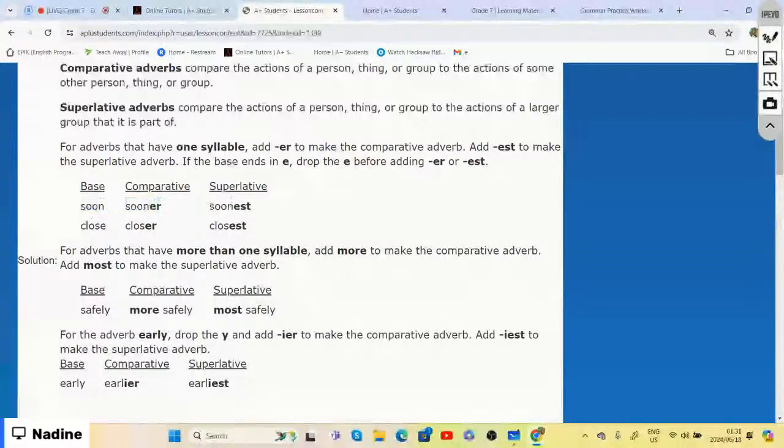But Connor came the soonest of myself and Jack, because now it's been compared to a bigger group. Close, closer, and closest. And that shows comparative and superlative.